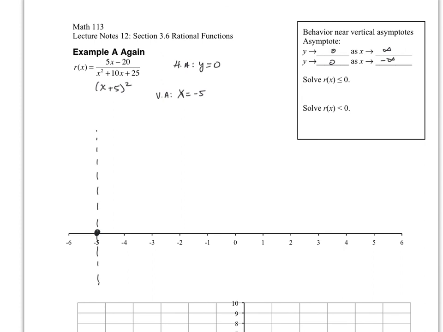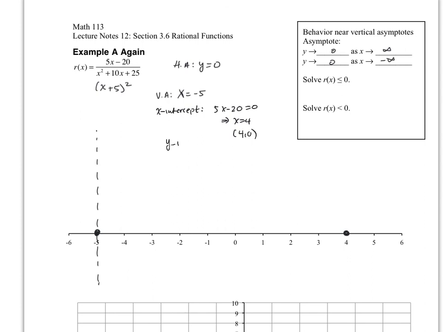We also need the x-intercepts and the y-intercept. So the x-intercept will be when 5x minus 20 is equal to 0. That implies x equals 4, so this will be the point (4, 0). So this will be the x-intercept.